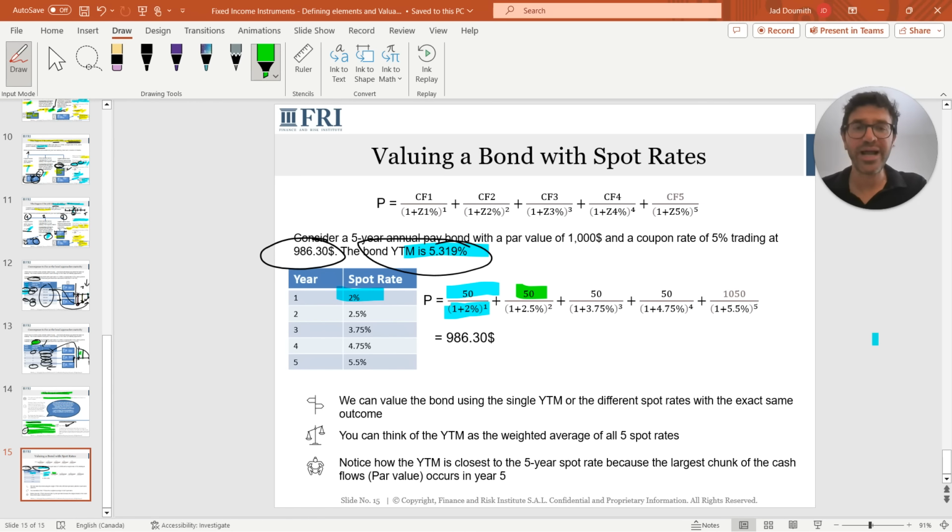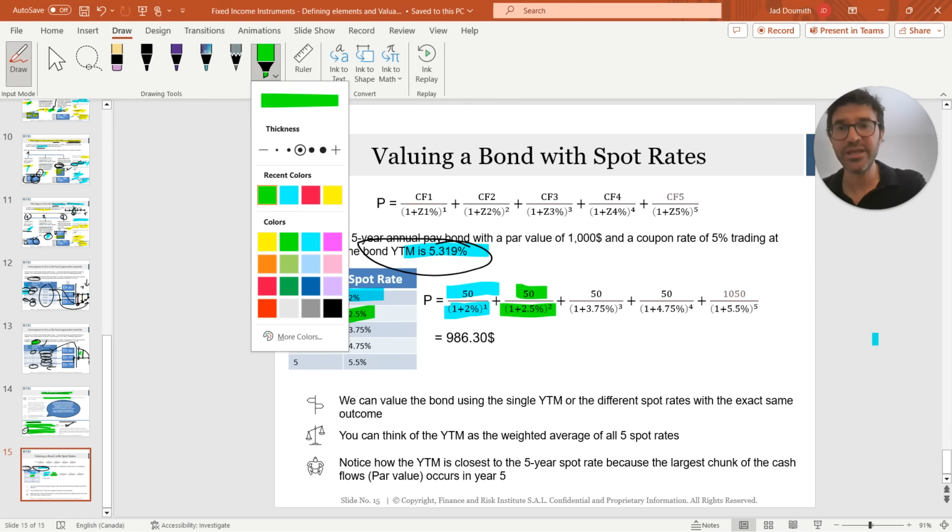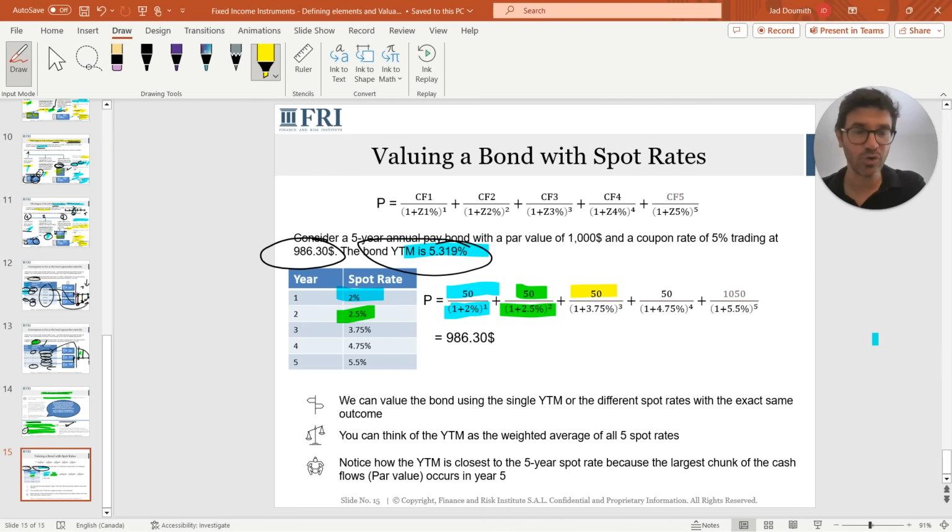The 2-year cash flow highlighted in green is discounted at the 2-year spot. The 3-year cash flow highlighted in yellow is discounted at the 3-year spot rate, of course to the power 3 because for 3 years. Now if you value the bond by discounting every cash flow at the appropriate spot rate, you will also get 986.30.